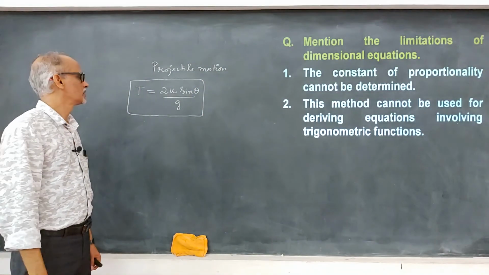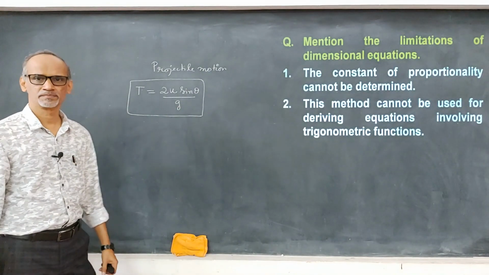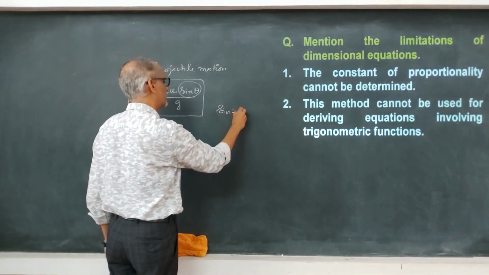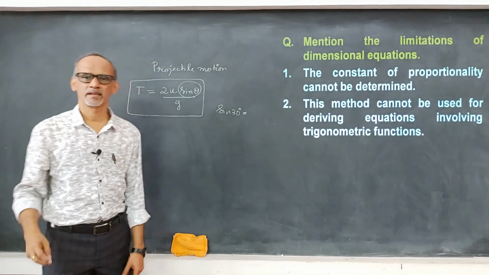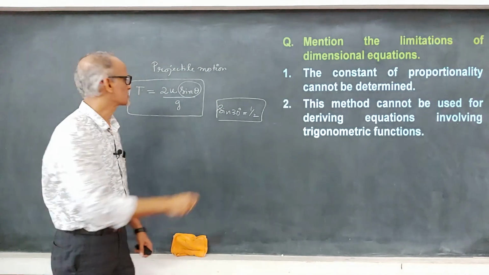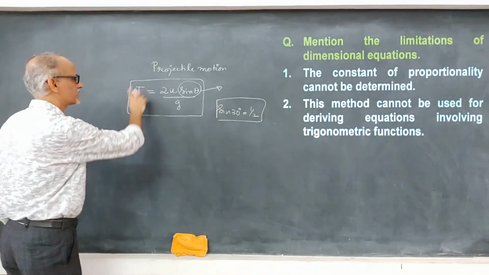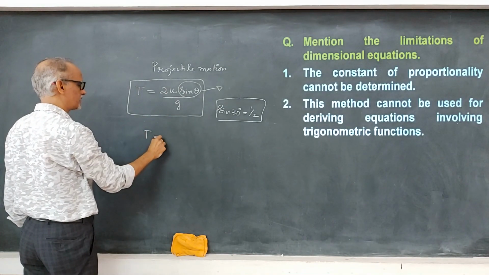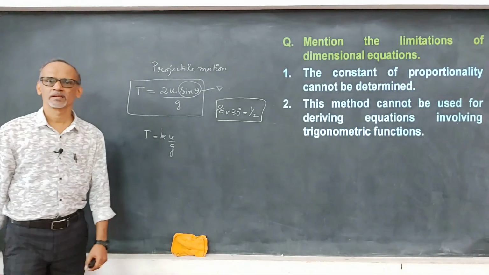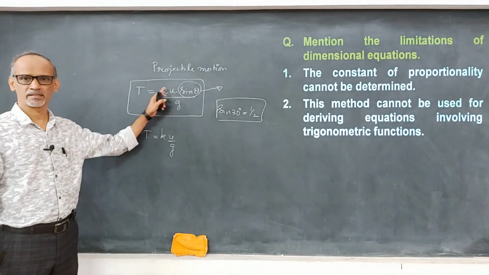Now, you may ask why we can't derive equations involving trigonometric functions. Sine 30 degree, what is the value of sine 30? It is half, it is a constant, it has no dimensional formula, correct? That is why if I try to derive this, I will end up deriving T is equal to K into u by G. I will get only this much, where K is nothing but 2 here.